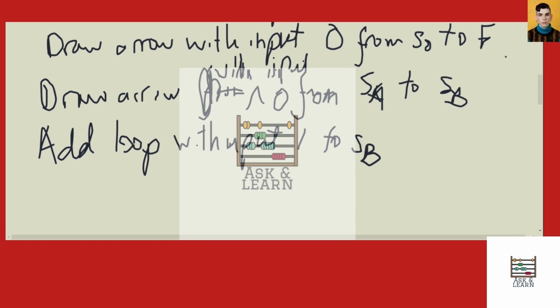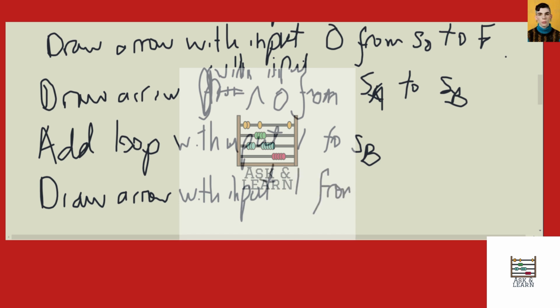And finally, draw an arrow with input 1 from SB to F. This represents the production that B can be replaced by the terminal symbol 1. This concludes the construction of the machine.